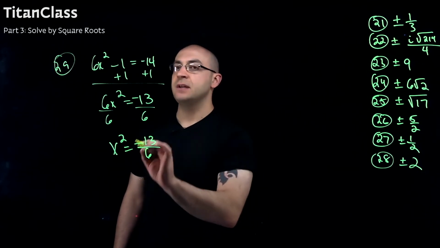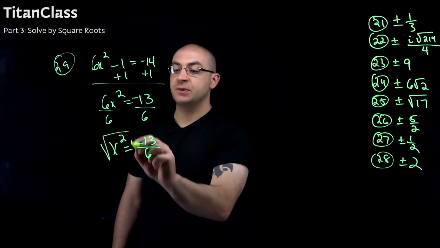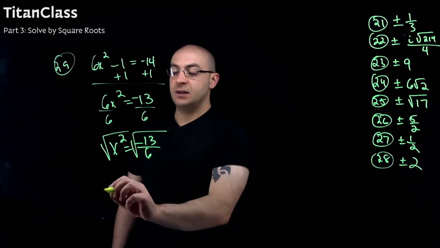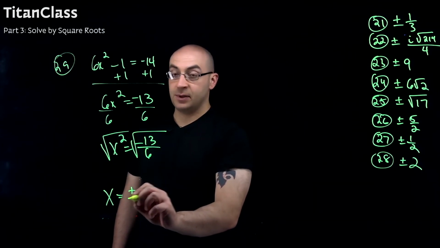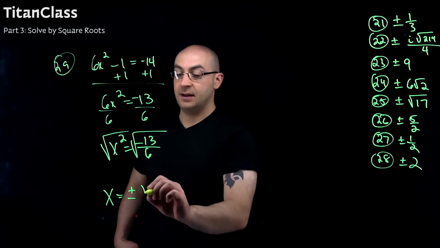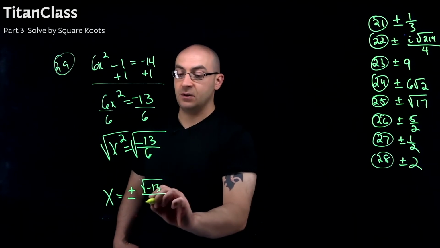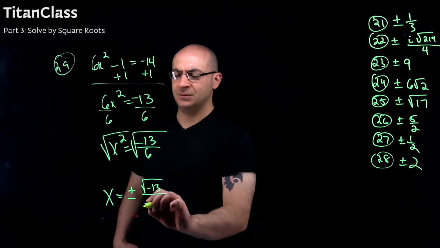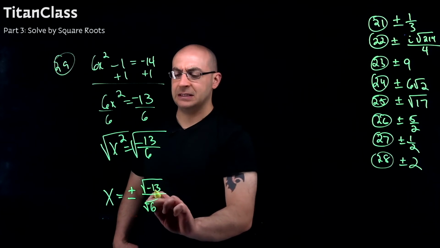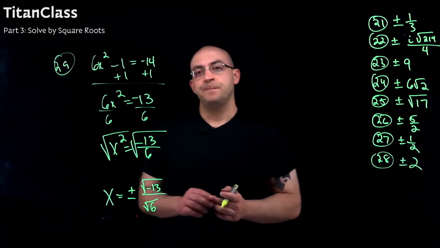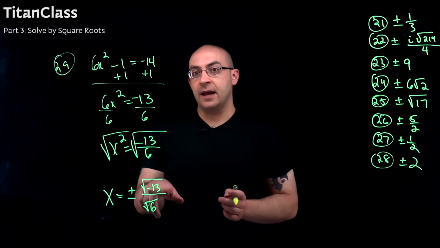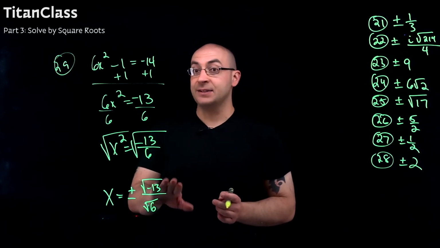All right, take one step at a time. First, we're gonna square root both sides. This is gonna be x equals, let's just throw the plus or minus in there first, the square root of negative 13 over the square root of 6. That's not a negative on the 6, I apologize. The negative sign under the radical is going to come out and it's going to be i.